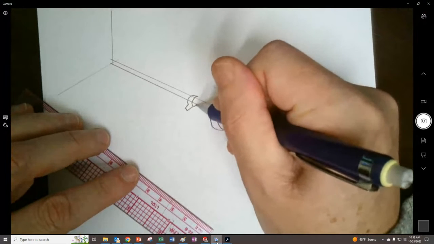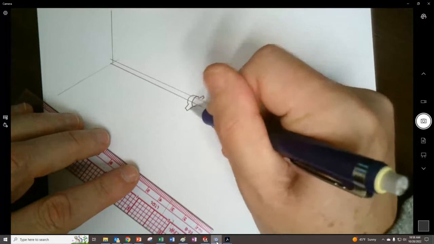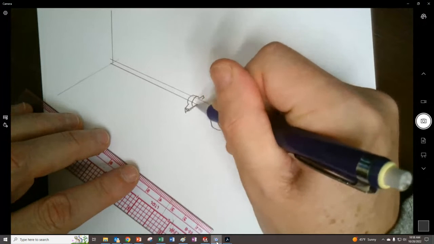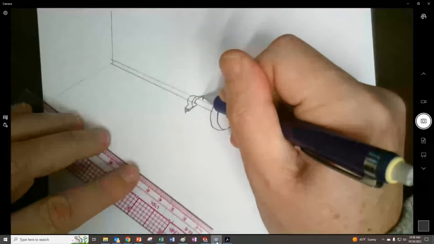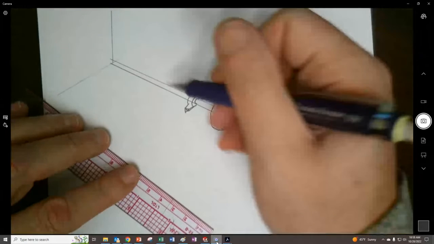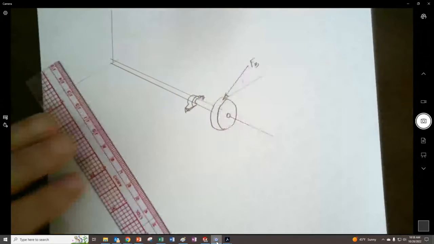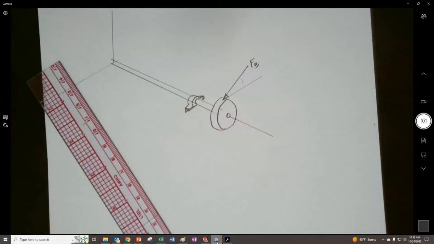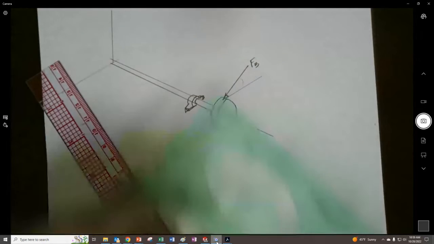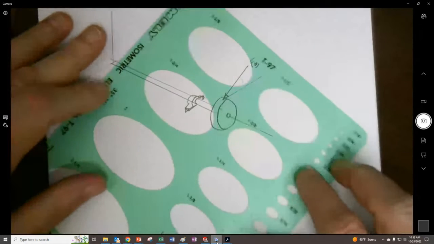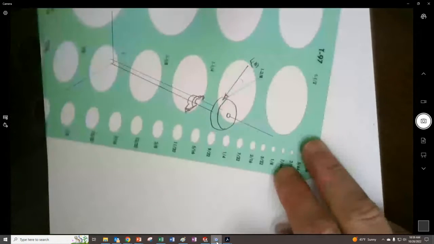Here is the bearing that's on here, and that is a terrible bearing. I just did a terrible job of that. Let me try to weasel my way into making it look better. Do I have my isometric things out here? Actually, I do. Oh gosh, I haven't used these in a while.